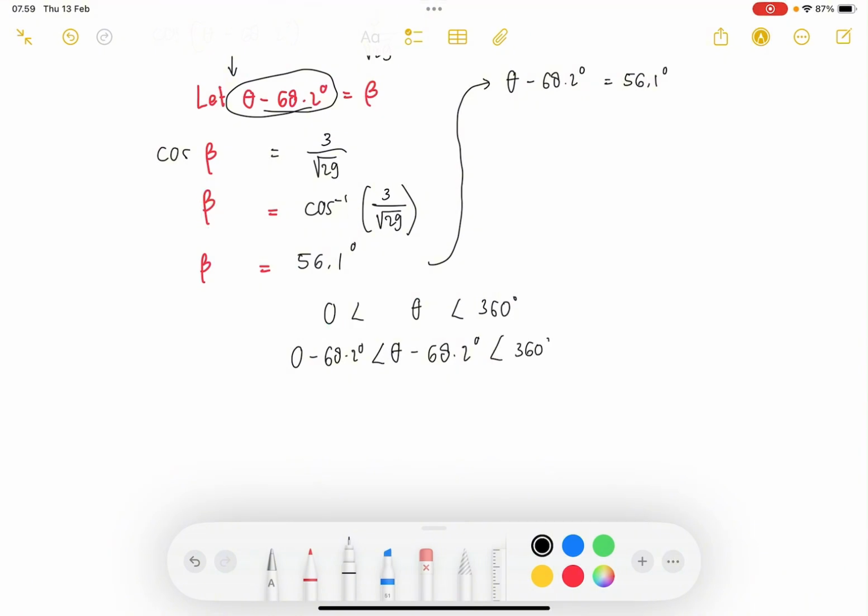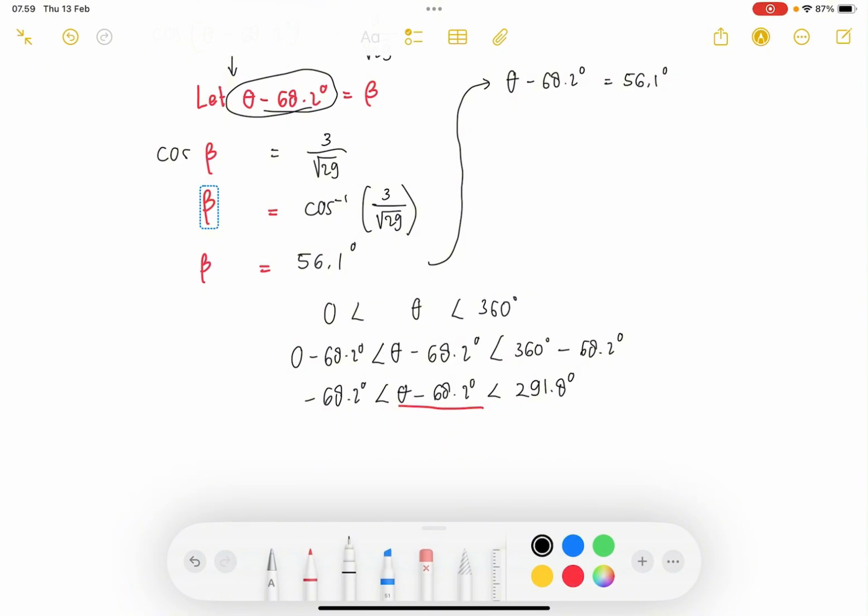The 360 also we need to subtract with 68.2 degrees. Here theta minus 68.2 degrees, which is beta, will be 291.8 degrees. Remember this is beta.